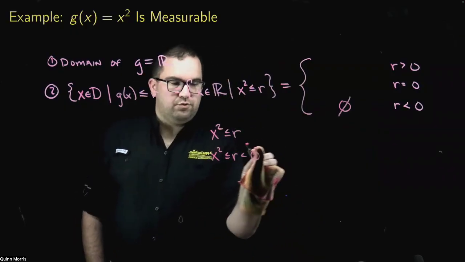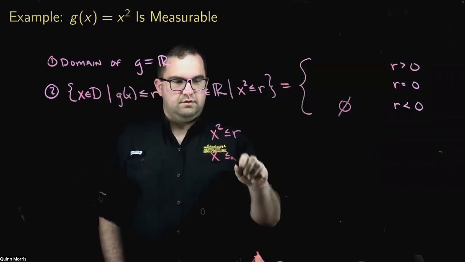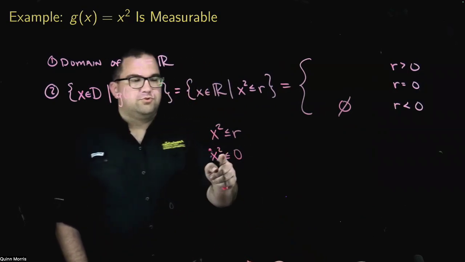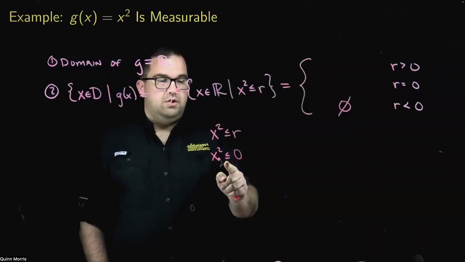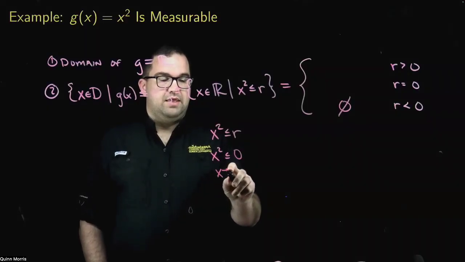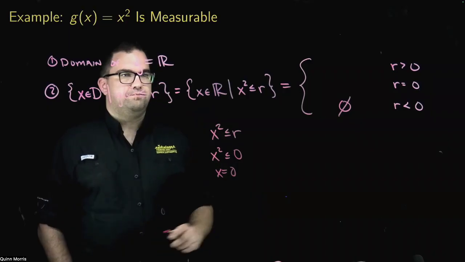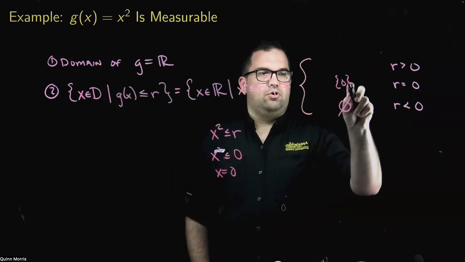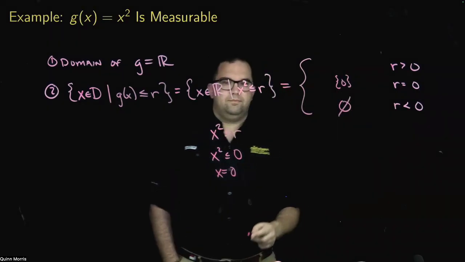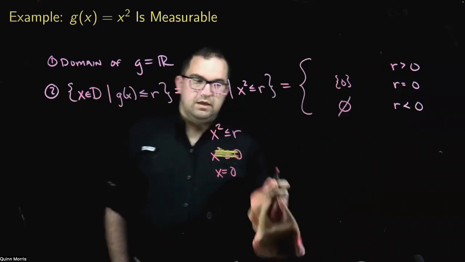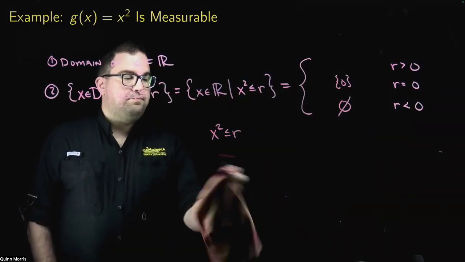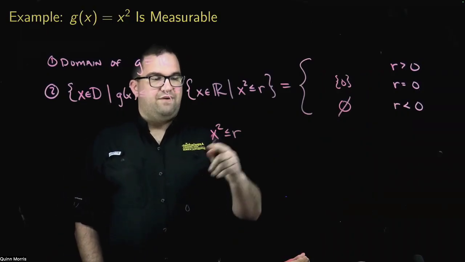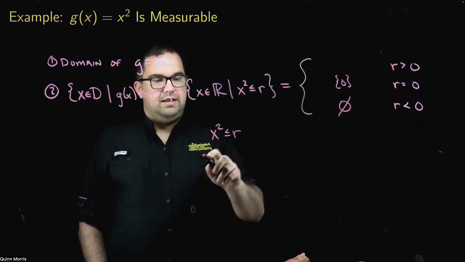If r is equal to 0, then I would be looking at where x squared is less than or equal to 0. Well, x squared is never less than 0, but it can be equal to 0, and that only happens when x is equal to 0. So when r is equal to 0, I get back the single point 0. Now, when r is greater than 0, I do in fact get solutions here.